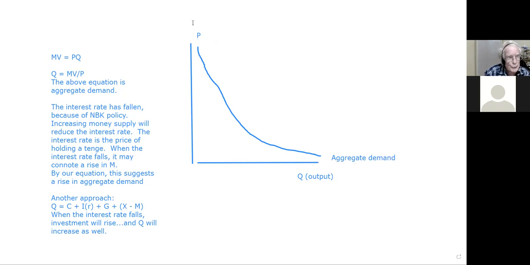And in either case, we have a rise in aggregate demand. Looks like that. And then finally, here is aggregate supply in the short run.